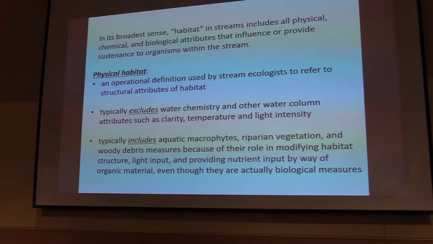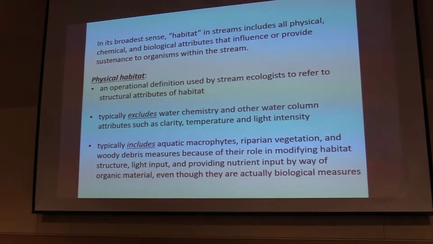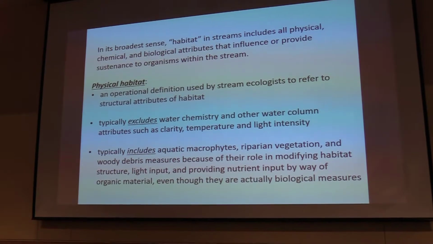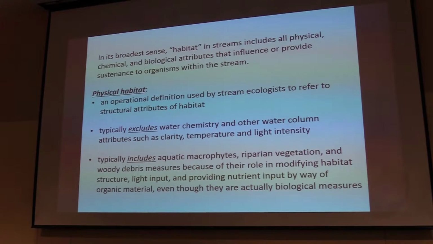Physical habitat is an operational definition that stream ecologists use to refer to just the structural attributes of habitat. So it typically excludes things like water chemistry and other water column attributes such as water clarity, temperature, light intensity. But it typically includes things like aquatic macrophytes, riparian vegetation, and woody debris measures, because those things have a big role in modifying habitat structure, light input, and providing nutrient input by way of organic material, even though they're actually biological measures.